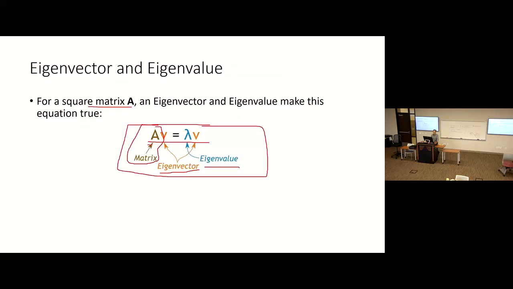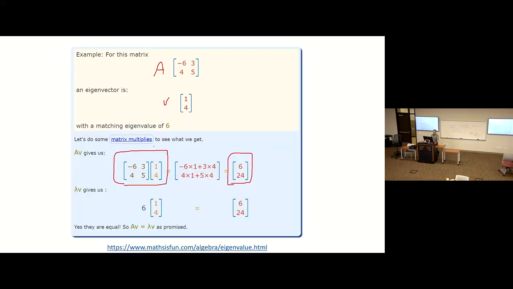This is this part. This can also be expressed as the eigenvalue 6, which is lambda, times the eigenvector. So this is the right side, and you get the same vector satisfying this relationship. So we know this is the definition of eigenvalue and eigenvector. And we also know the geometric interpretation.